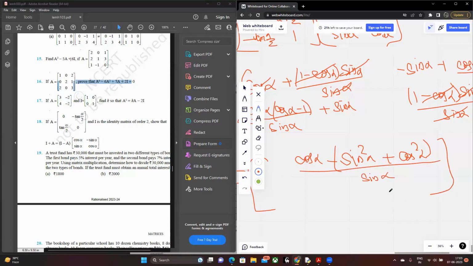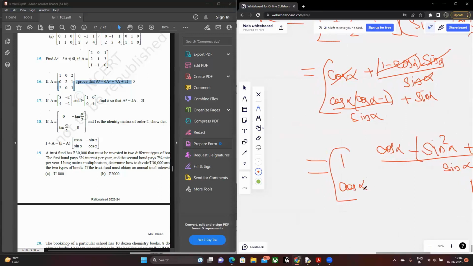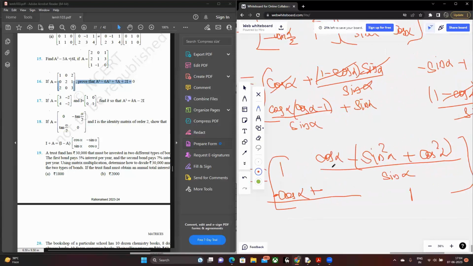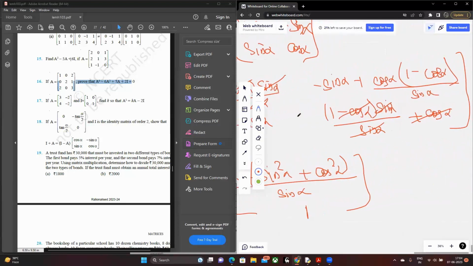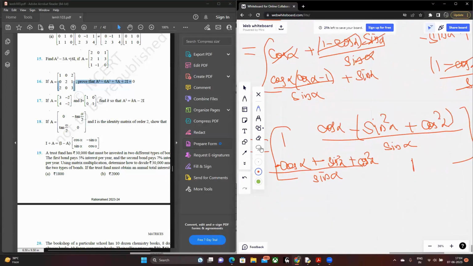And over here there's a 1. Over here there is again a minus cos alpha plus this whole thing, that is sine squared alpha plus cos squared alpha divided by sine alpha.